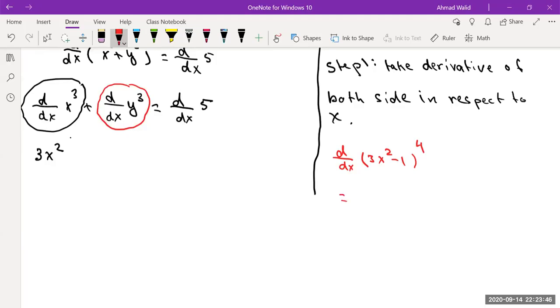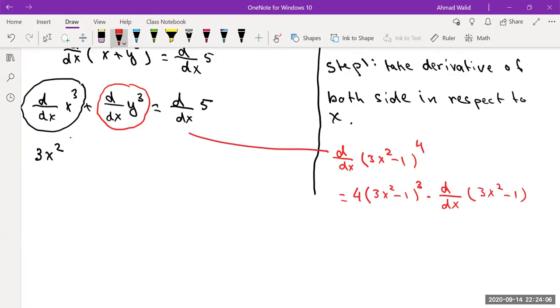It means the derivative of outside, which is 4 times 3x squared minus 1 to the power of 3, times d dx of inside, which is 3x squared minus 1. And you simplify this, right? You take the derivative of this part.